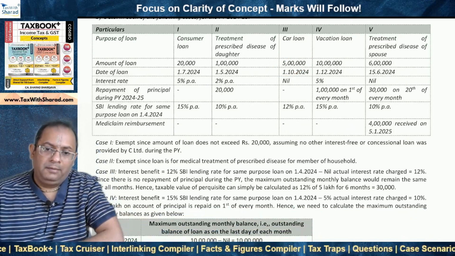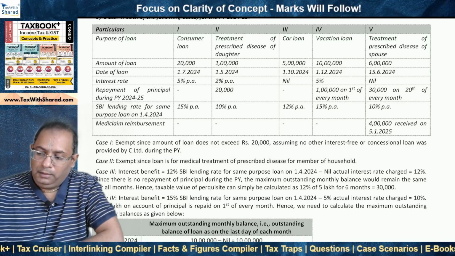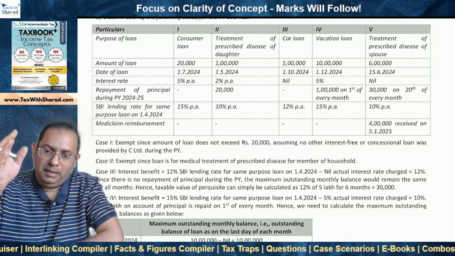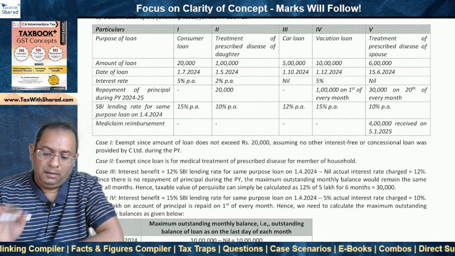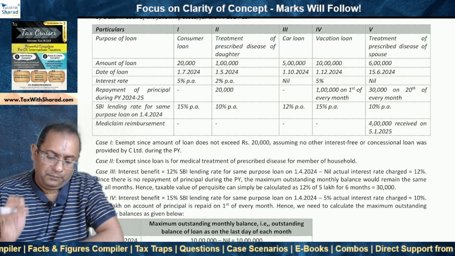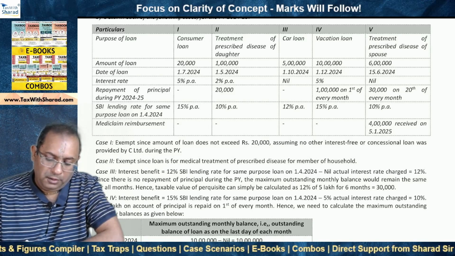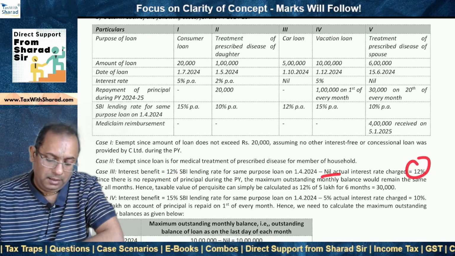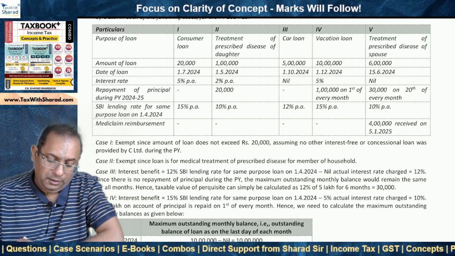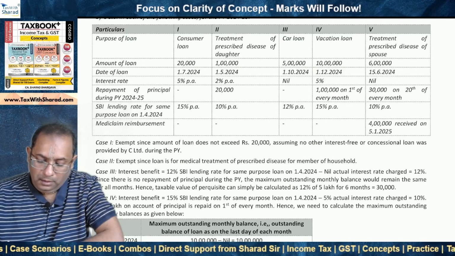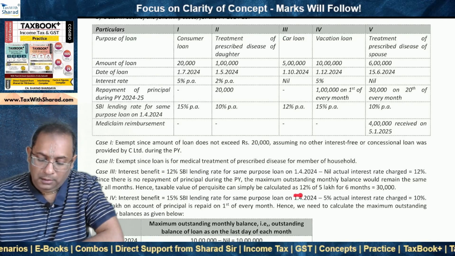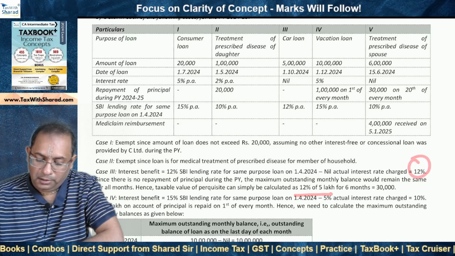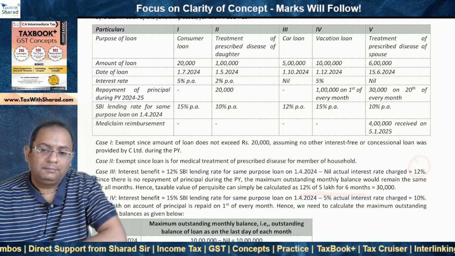So if in the question you find that the outstanding balance remains the same throughout the year without any change, then you simply need to first figure out the interest benefit, which is 12% minus nil, that is 12% in our case, and then calculate the taxable value as 12% of 5 lakh for 6 months.